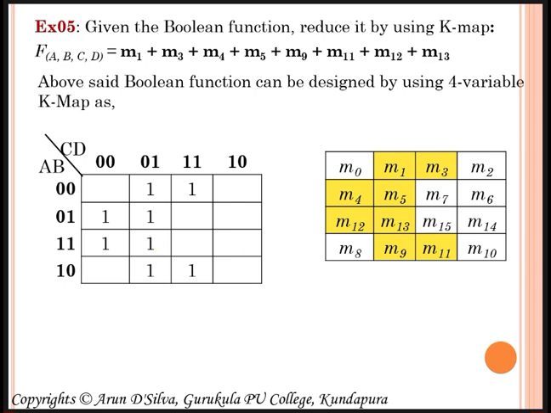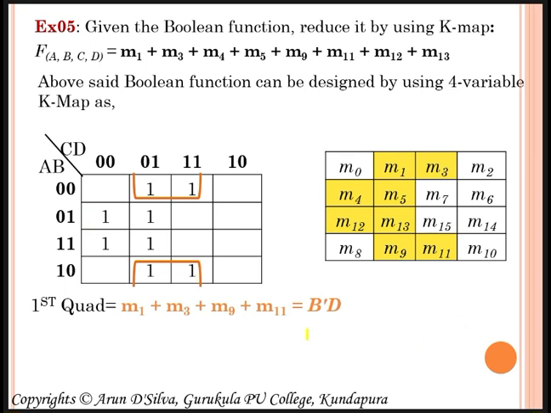Now for the mapping part, here anyway we cannot find an octet because all 8 ones are not together. So let me find out a quad. The first quad, I'm identifying this one, the top and then bottom row. Now this quad consists of m1, m3, m9, m11.